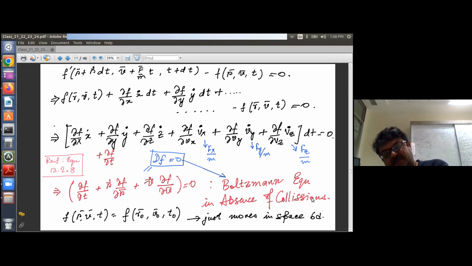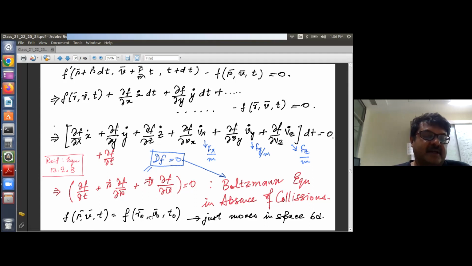So there's a continuous flow of the distribution function in x space and v space without any change, because the phase space volume is not changing, ignoring terms of order t square.